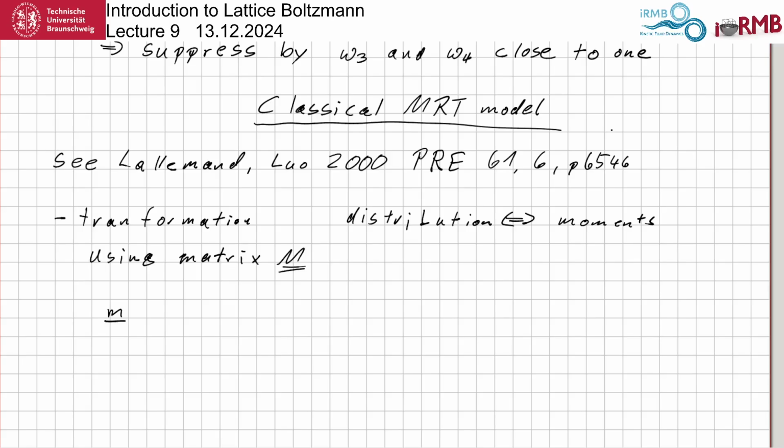You get a vector of moments by multiplying a matrix to a vector of populations. So this is a moment vector, and there is a population vector.